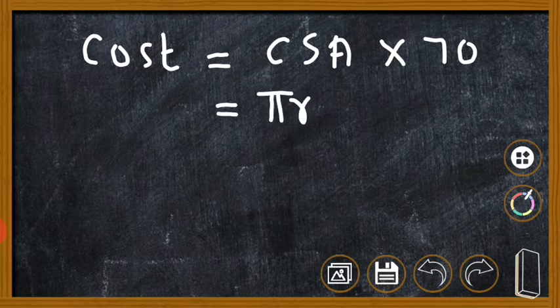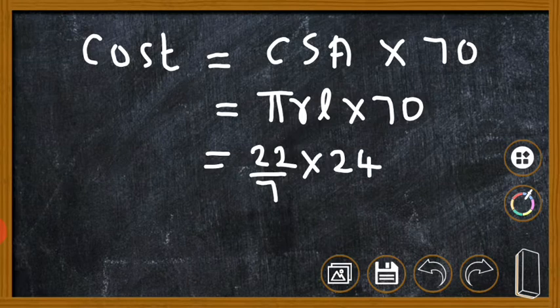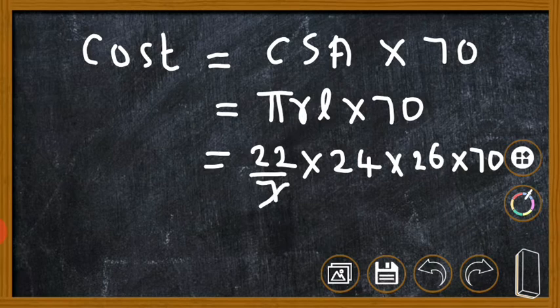CSA meaning pi RL into 70. So we know the value of pi. What is that? 22 by 7. Radius, it is given in the question, 24. L, now we calculated L. It is 26 into 70. And 7 and 70 we can cancel. So it becomes 10.